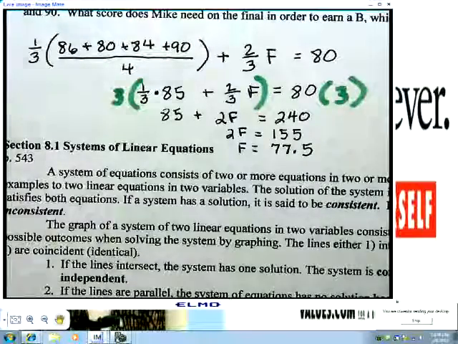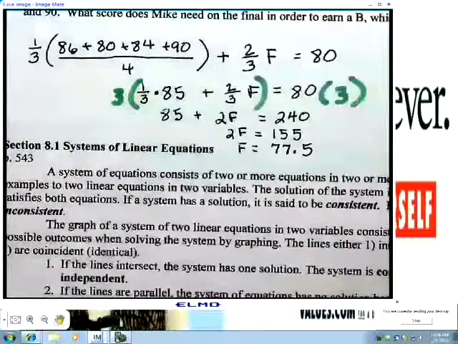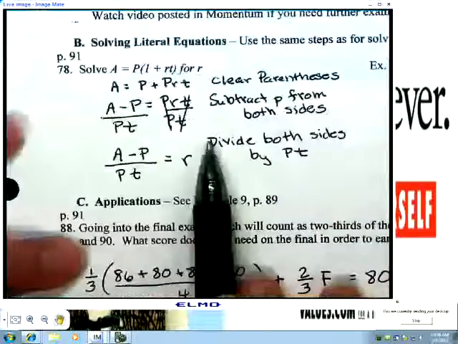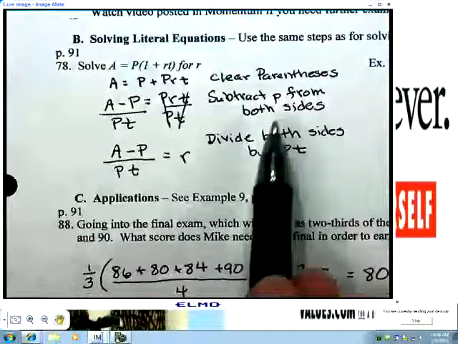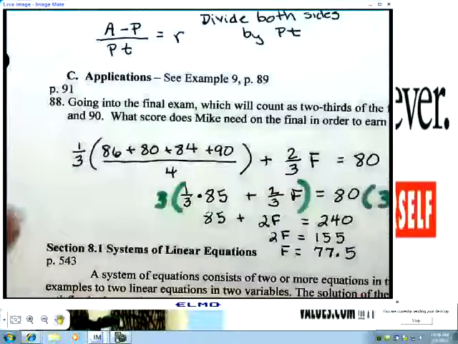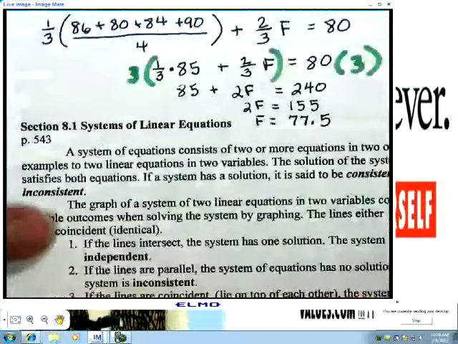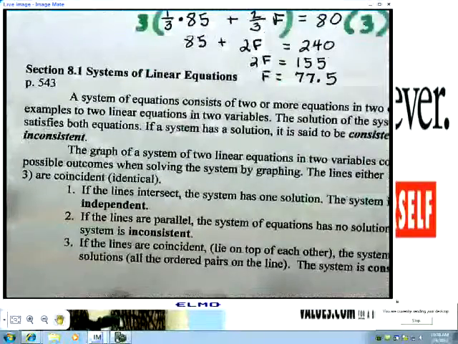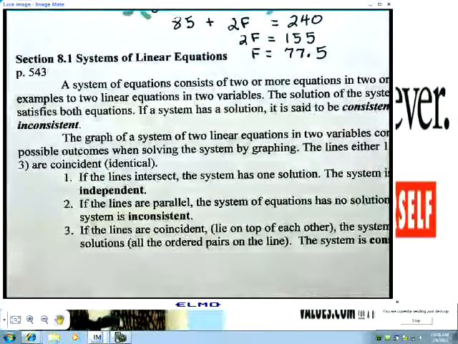All right, in the homework, 1.1, most of your problems are just solving equations. You have 1 or 2 formulas to solve for a certain variable, and you have 1 or 2 word problems. Let's go on to 8.1, which is not just solving linear equations, but solving systems of linear equations. Still, the highest power of the variables in all of our equations is 1, but sometimes in real life, you're working under more than one constraint.